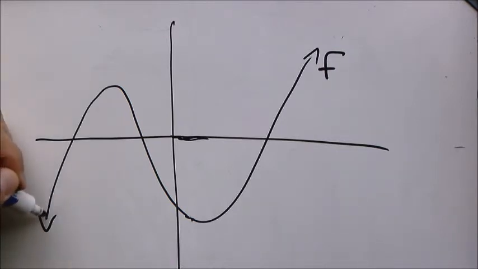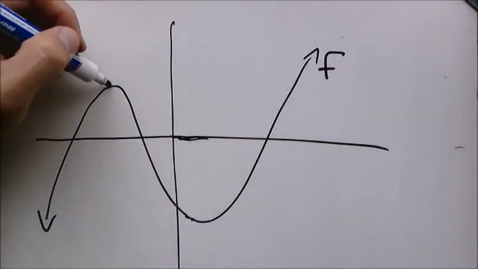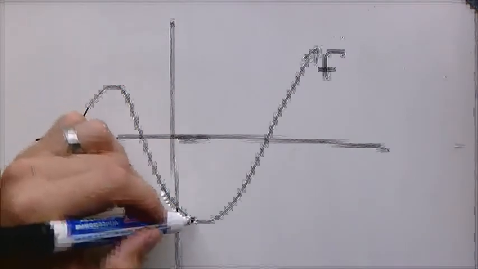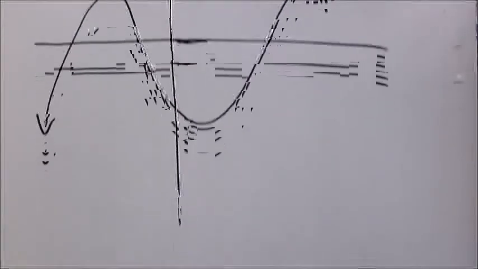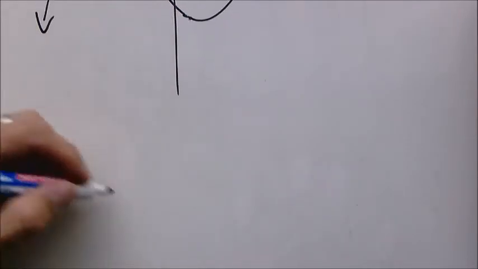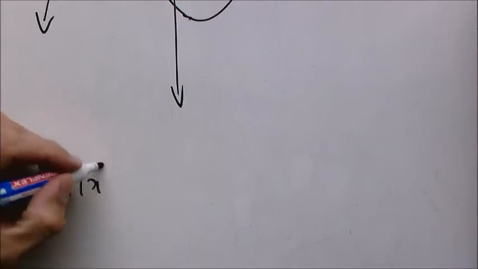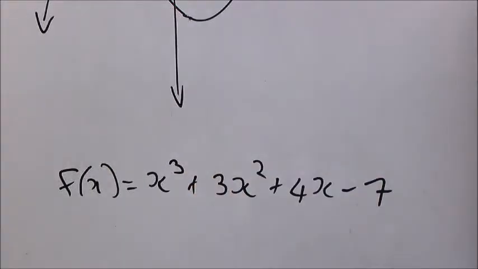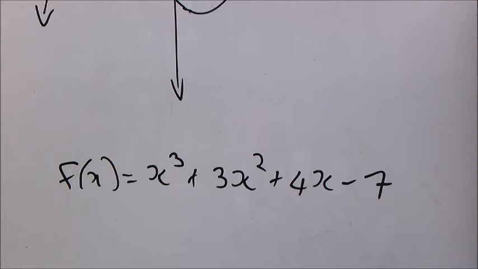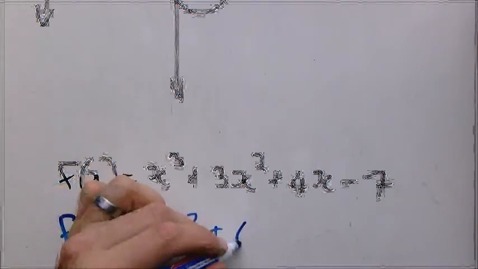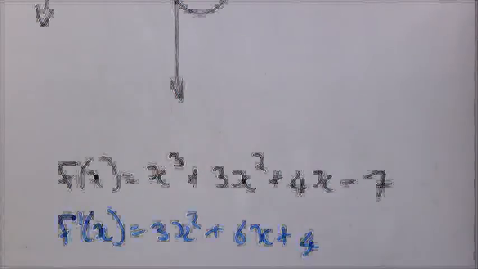So here the gradient is positive till the turning point where the gradient is 0. Then the gradient is negative until the turning point, and it's 0 again, and it's positive again. Okay, but before we go on, let's just write down a hypothetical cubic function. There we go. So from here on, we can get the first derivative, 3x squared plus 6x plus 4.